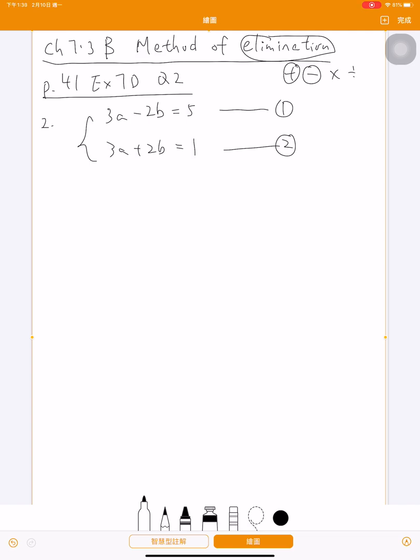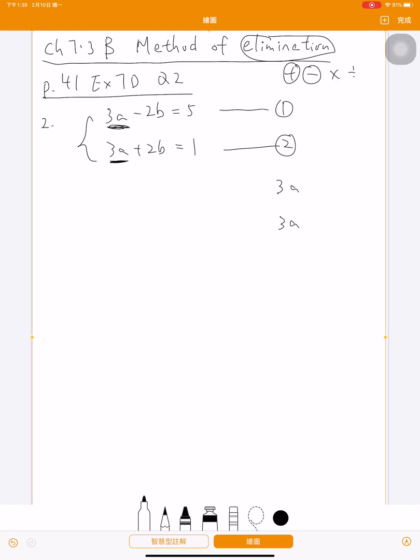But which should we use? It will be determined by the coefficients of the variables. What does it mean? For example, this time we can see for the a, it is 3a in equation 1, and in equation 2 it is also 3a, right? They are totally the same, 3a and 3a.